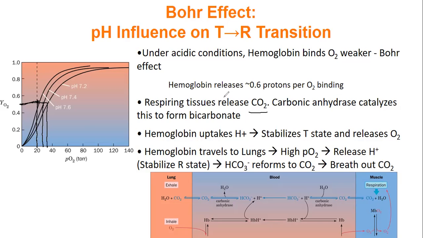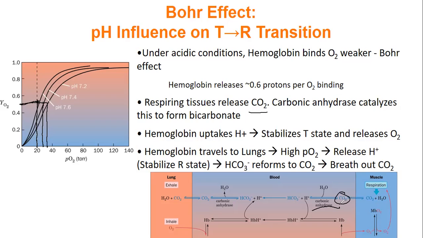Now, CO2 cannot be transported in the blood. CO2 is insoluble, right? So what happens is that when CO2 gets exported out of the cell, there's an enzyme called carbonic anhydrase.